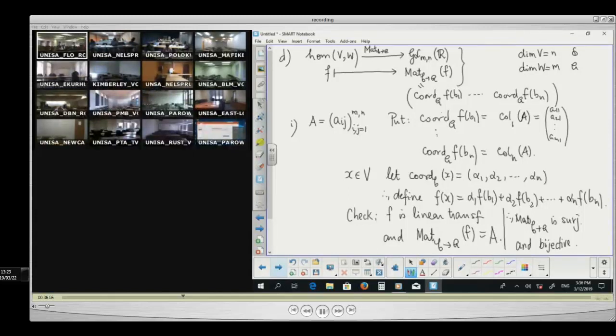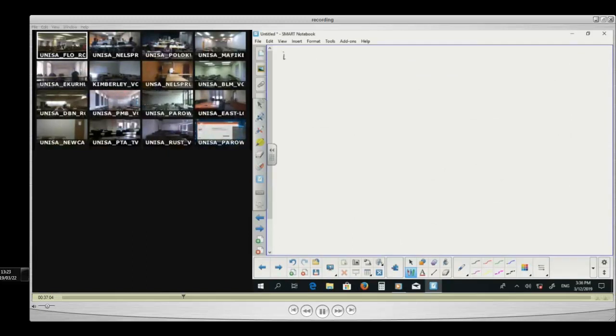So now let's see the next part. Is this linear? Let me take, it's trivial now. So what is it?